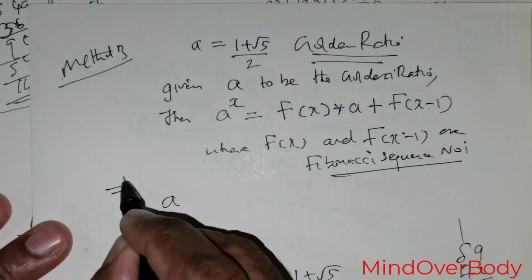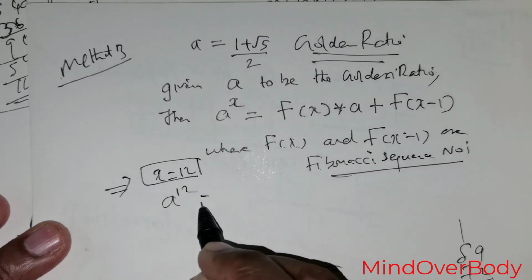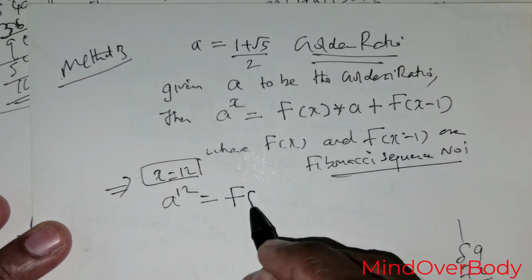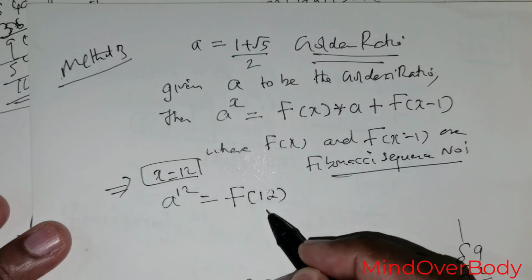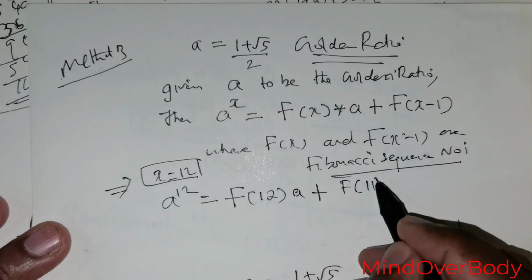Okay, this means for x equal to 12, we get a raised to the power 12 is equal to f of 12 times a plus f of 12 minus 1.